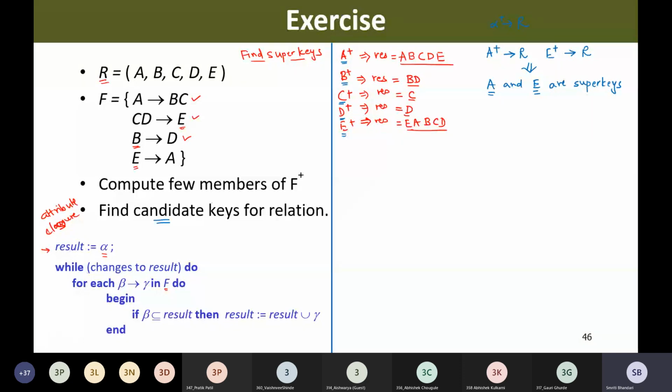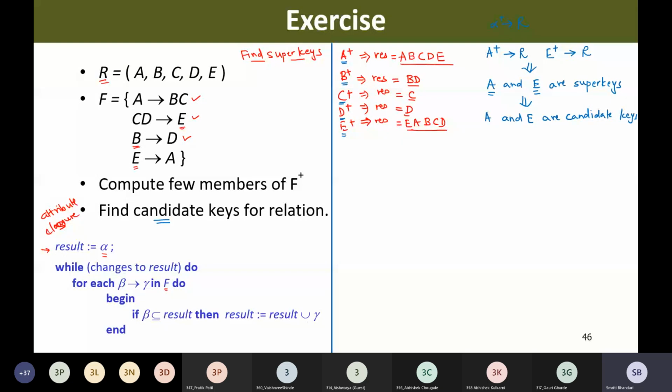And that is why we may declare that A and E are candidate keys. Am I correct? Are you getting me? Fine.